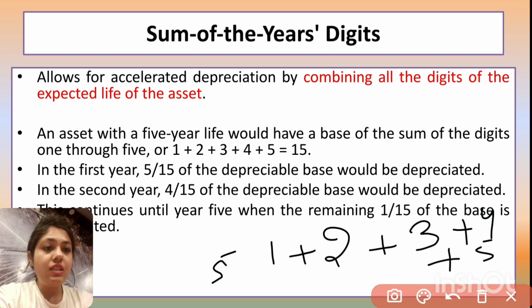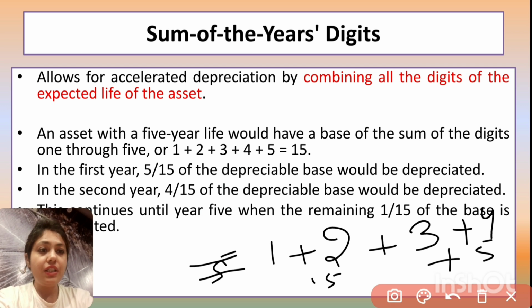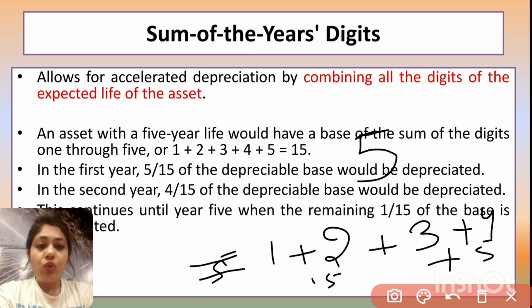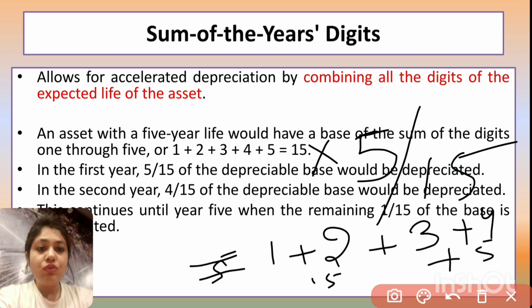So this equals 15, right? So what do we do in the first year? How do we depreciate it? Taking it as 5, because 5 is the total number of useful years, divided by the sum of all the years, that is 15, into the amount of the asset.